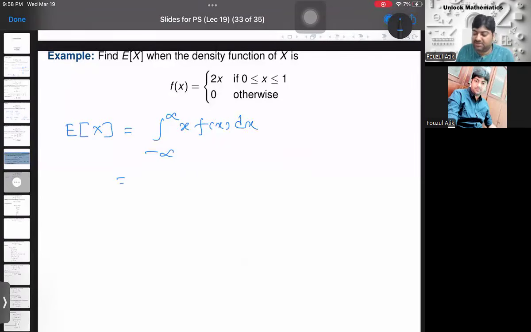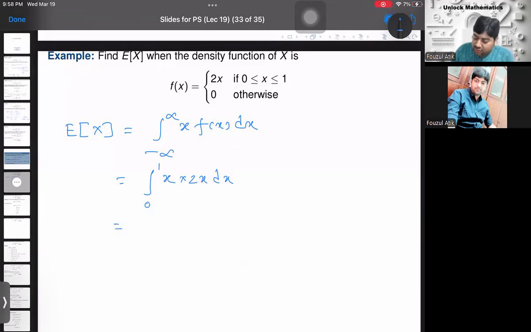But f(x) is 0 everywhere except between 0 and 1, so the integration only has value between 0 and 1, x into 2x dx. In all other places it is 0, so we are not considering them.